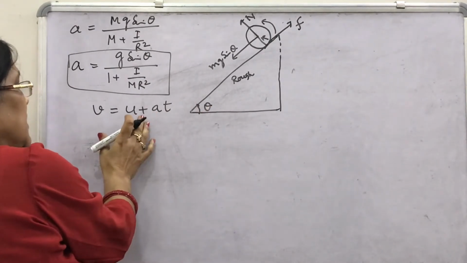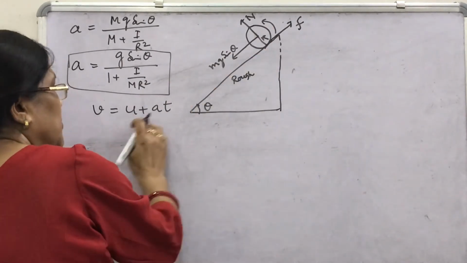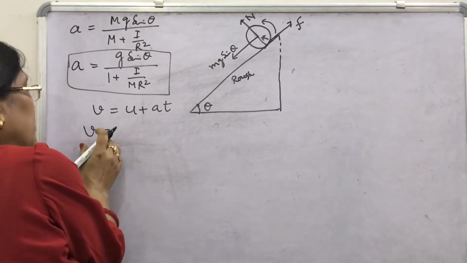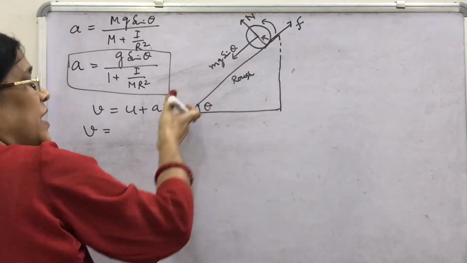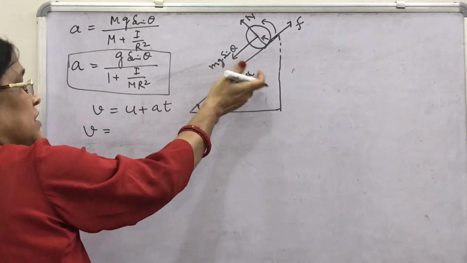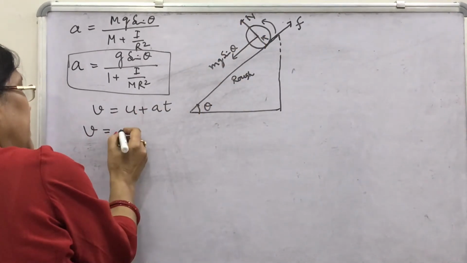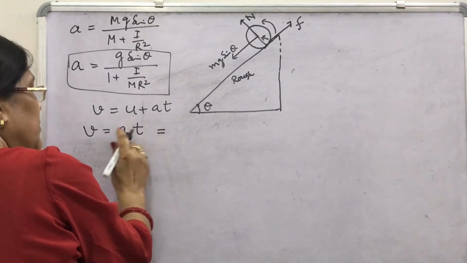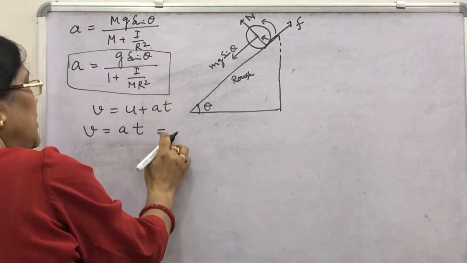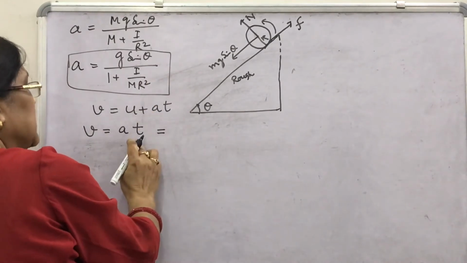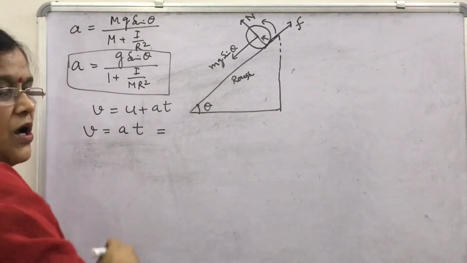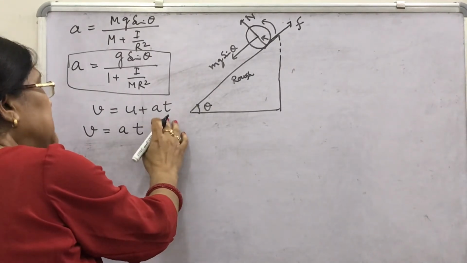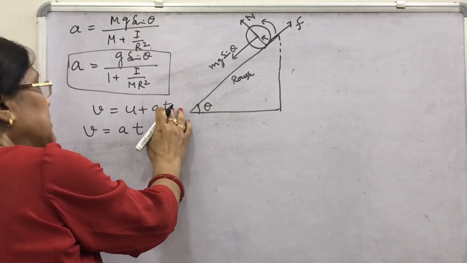We have seen here that in the beginning the initial velocity u is 0, then to find the value of velocity for the motion of the rolling object on the inclined plane, we will write v equal to at. Then you put the value of A, and you will find the value of velocity. How will you find that? You know v equal to u plus at requires the time t expression.